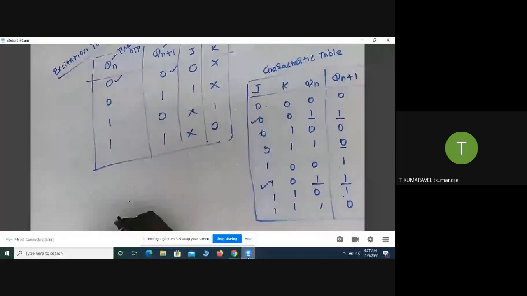Okay, the next concept is called a state diagram.